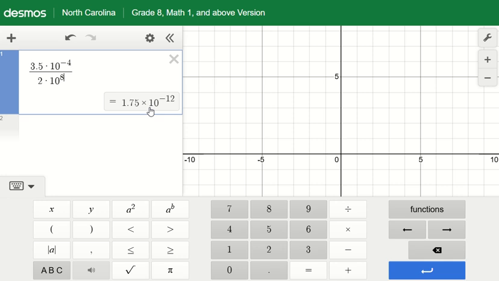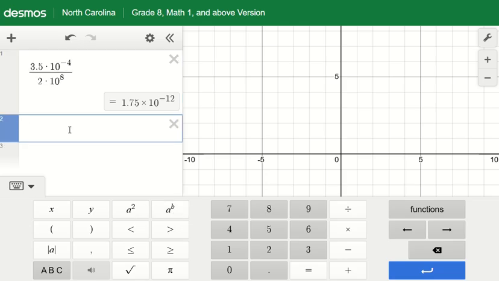How did you get the fraction line? To get the fraction line, it's just the slash. To get the 10 to the, you use the AB or AB?